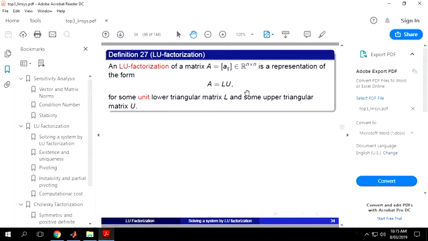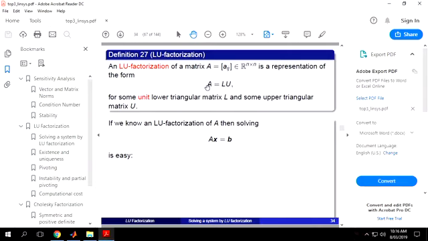So now, what is the LU factorization? LU factorization is when you write A as a product of the matrix L, which is lower triangular with the diagonal equal to 1, multiplied by an upper triangular matrix U. So now the question is, what is it used for?